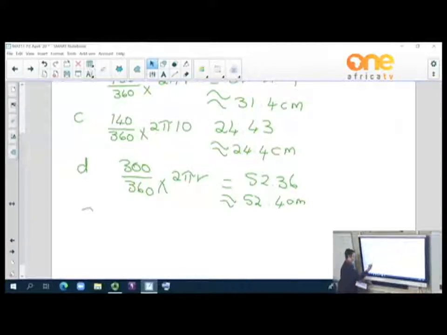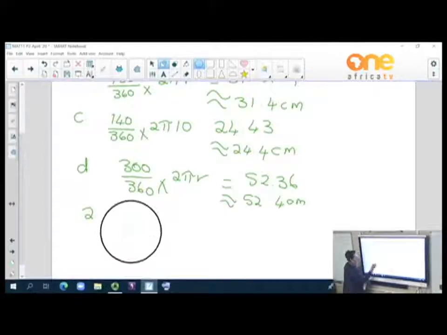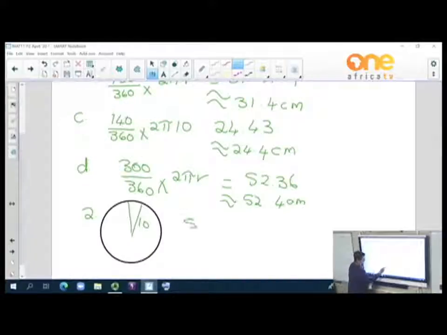Right, let's look at number 2. It's a little bit different in how they ask it. The minute hand of a clock is 10 centimeters long, so we still have a circle. And then they say the minute hand moves 5 minutes. So how far does it move in 5 minutes? There we have to calculate the 5 minutes out of 60, because we need to find that angle. Can you see? That's what we want, that angle.